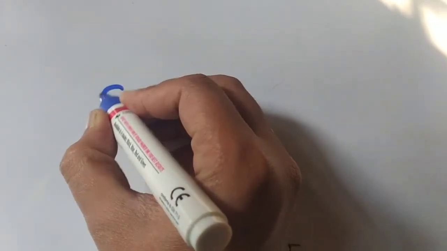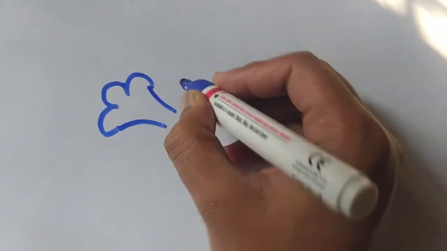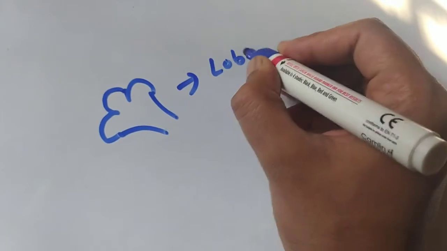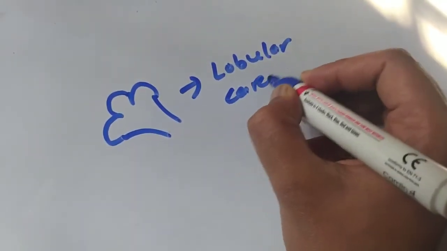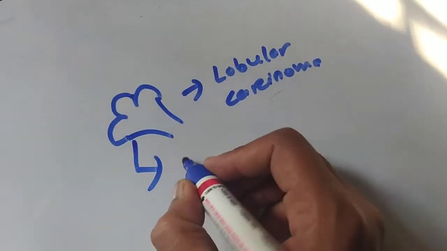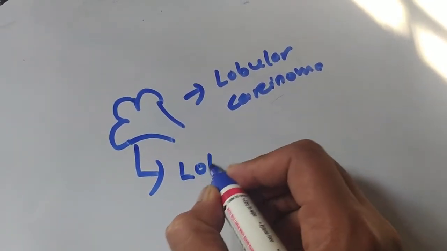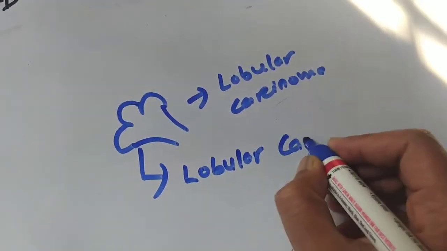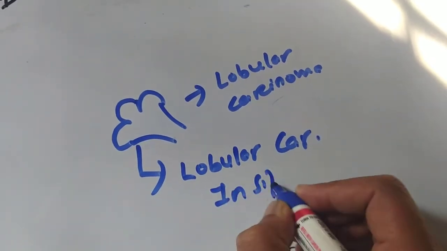Let me explain some clinical points. If there is a carcinoma of the lobule, it is known as lobular carcinoma. If there is a dysplastic change seen in the lobule, it is known as lobular carcinoma in situ.